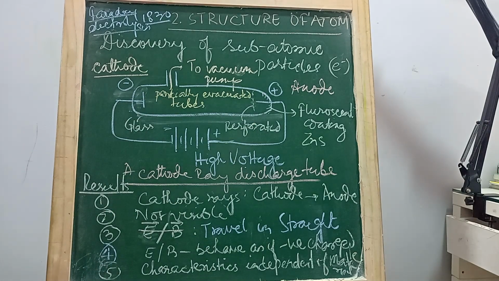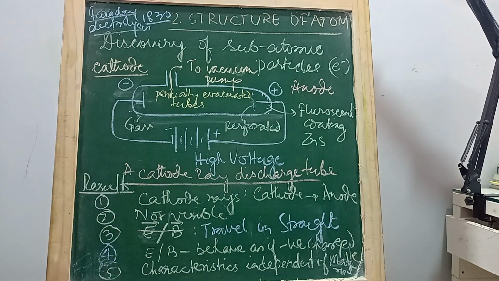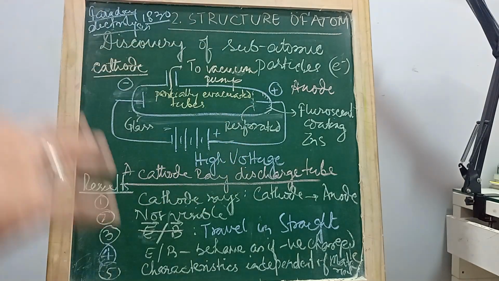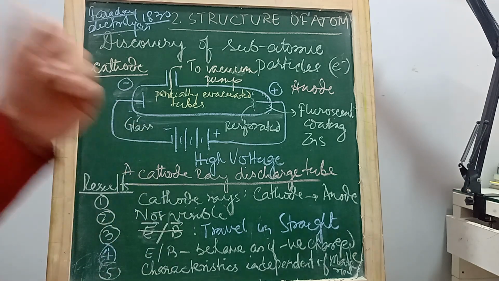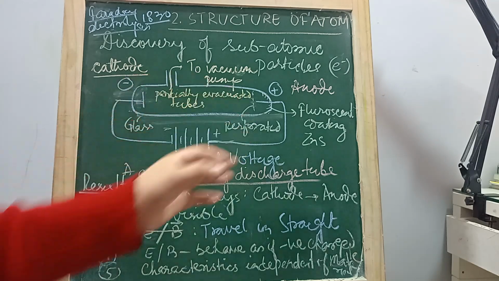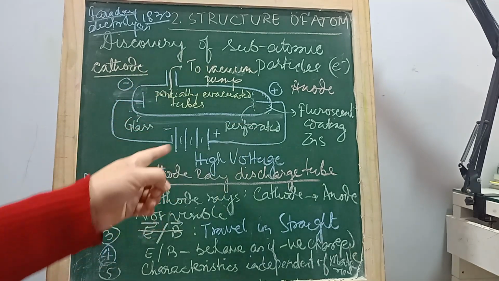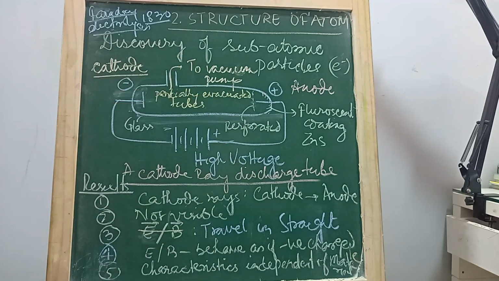What we found was that when we applied a very high voltage, and the pressure of the gas inside the tube was reduced drastically, at a very low pressure, there was a discharge of electricity through it. The tube conducted electricity, although there was nothing much inside it.